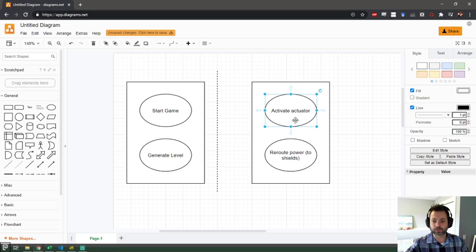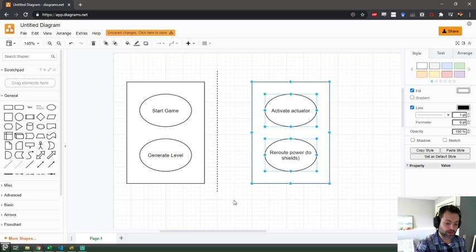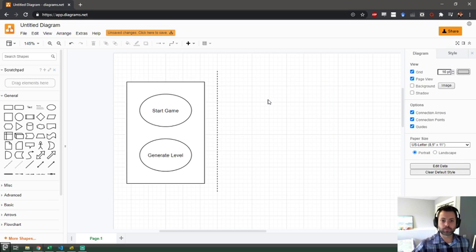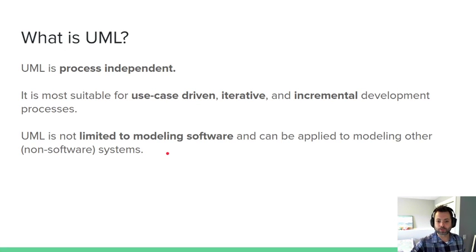Let's activate an actuator. Maybe I'm just turning on a switch and that actuates something, or I'm shunting power down another set of wires, whatever it's going to be. Doesn't matter as long as it's something that we can specify. There's no code behind this. It's process independent. That's one of the nice things here.